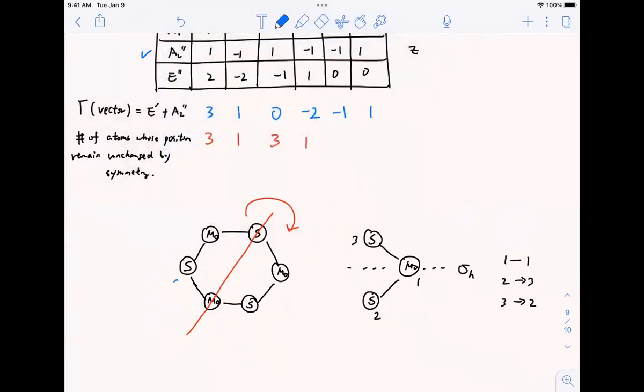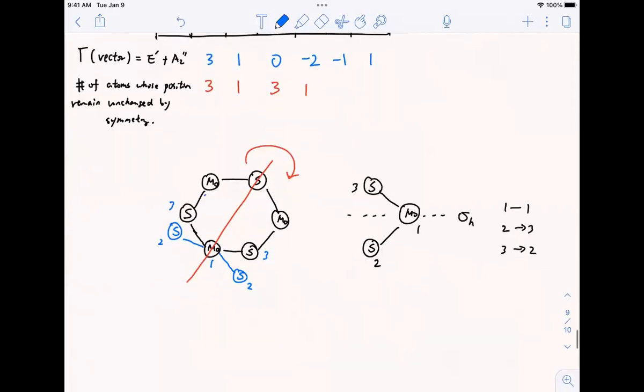So this is 1. This is 2, 3. So you have an S here. This is still 2. This is 3. Now you make a rotation. The Mo will remain the same, right? So Mo just becomes Mo.